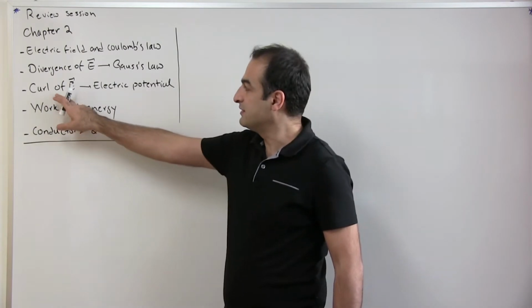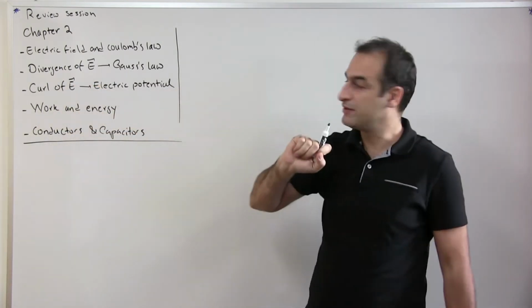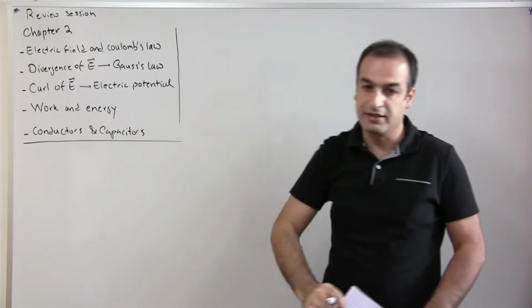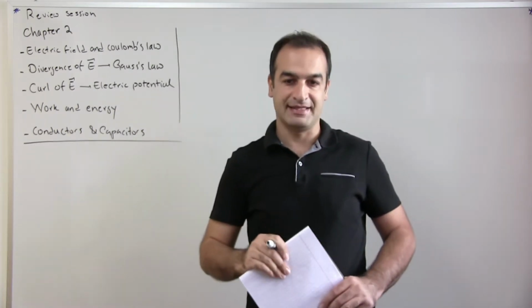Curl of E is 0. That's why we can define electric potential, work on energy and conductors and capacitors.